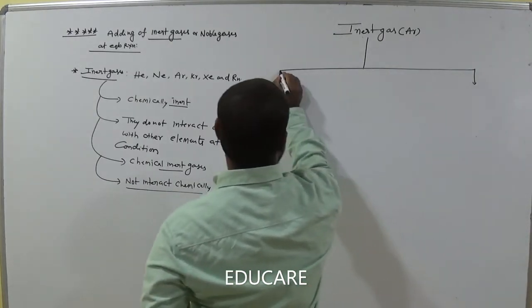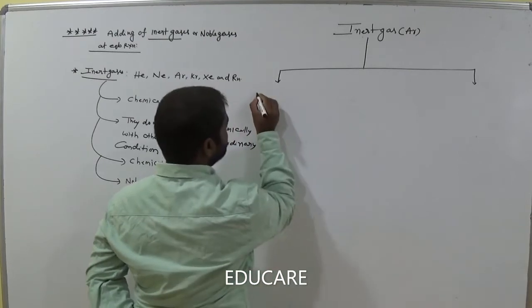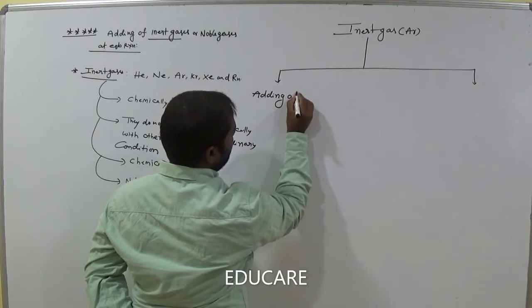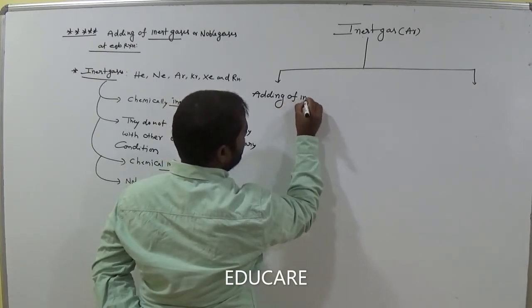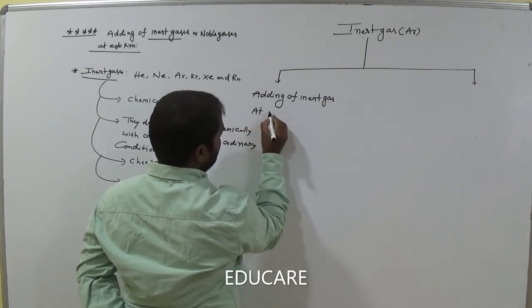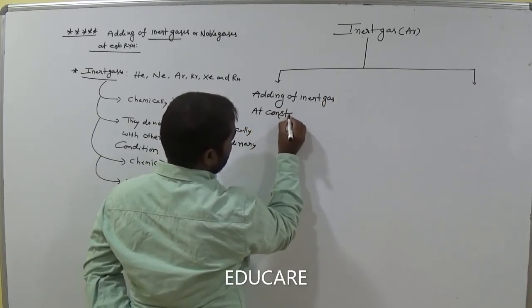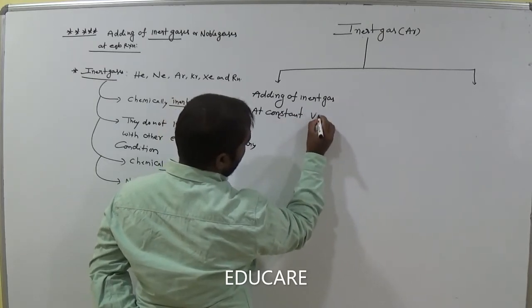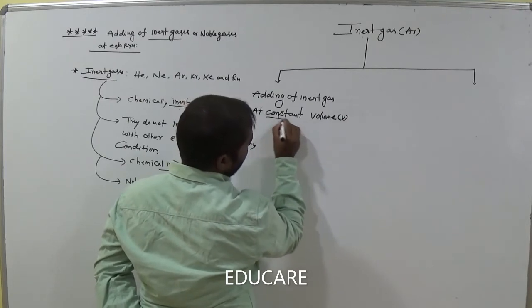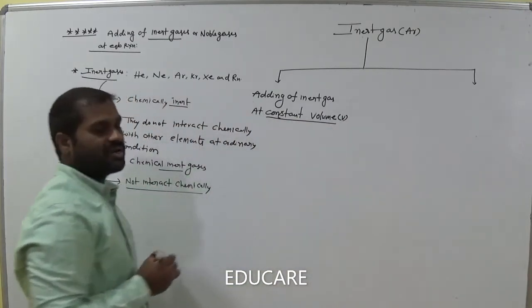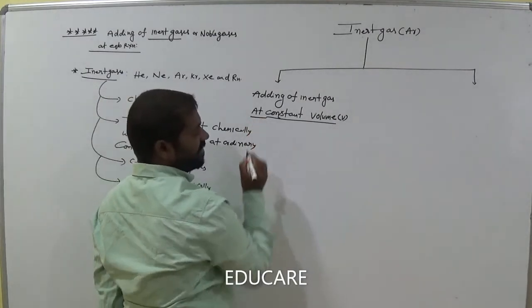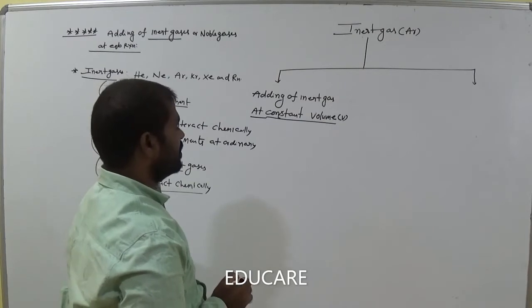The first one is adding of inert gas at constant volume. V is constant. Volume is constant, suppose.